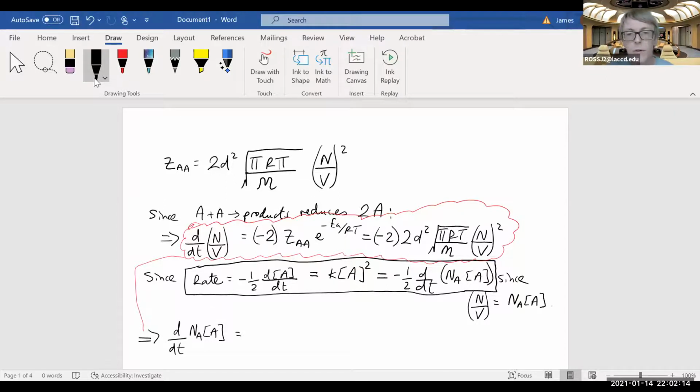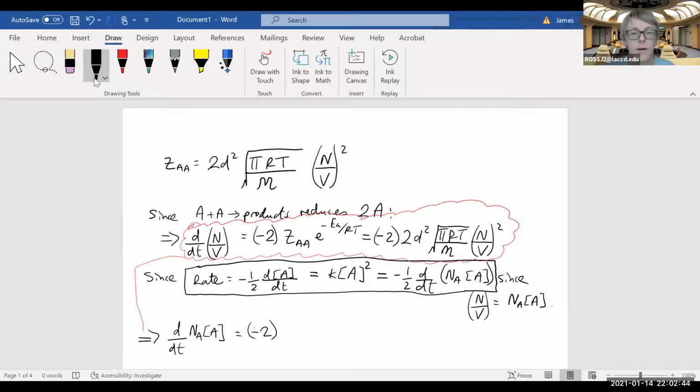And that's equal to, let's see, so I've got to make this -2. Let's see, this -2 cancels with this thing here, which essentially is the rate constant, right?